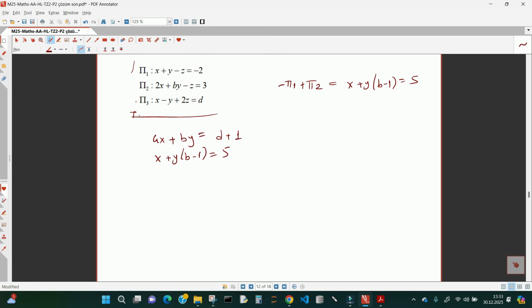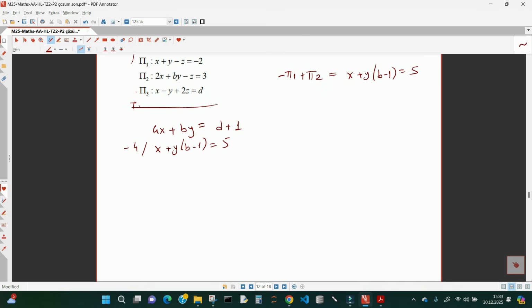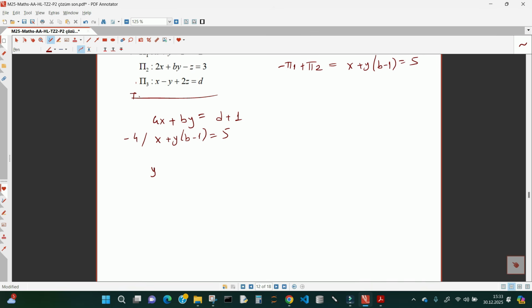I'm gonna now cancel x by multiplying the second equation by minus 4, and it will give us y from the first one b, from the second one minus 4b plus 4, equal to minus 20 plus d plus 1. So y(4 minus 3b) equals d minus 19.